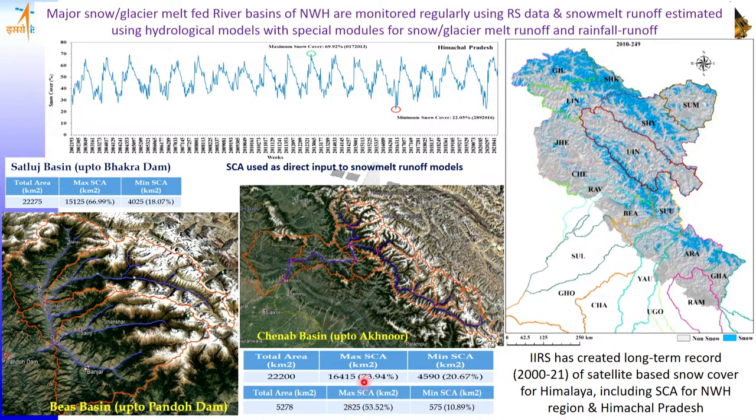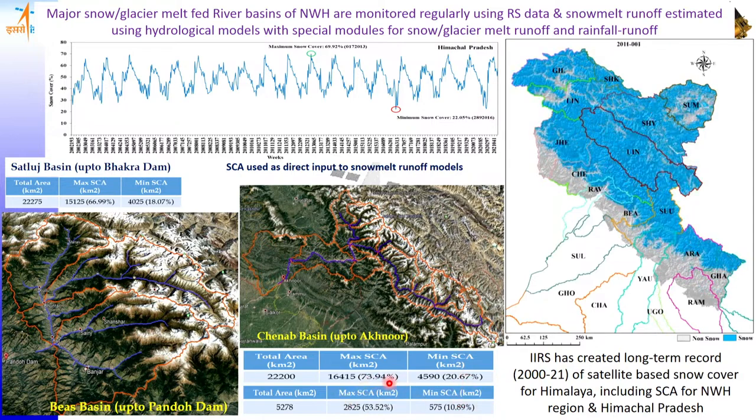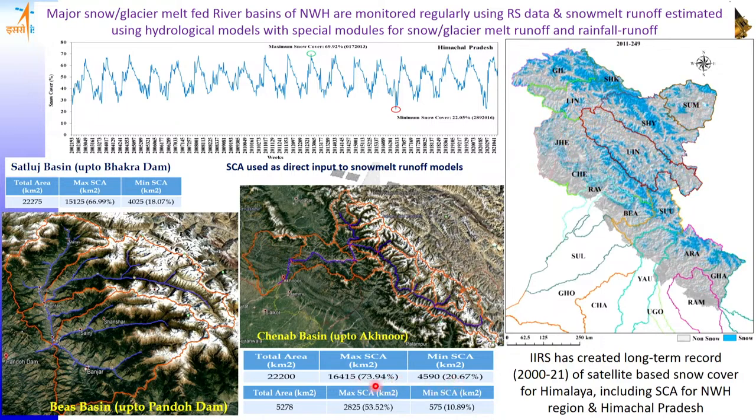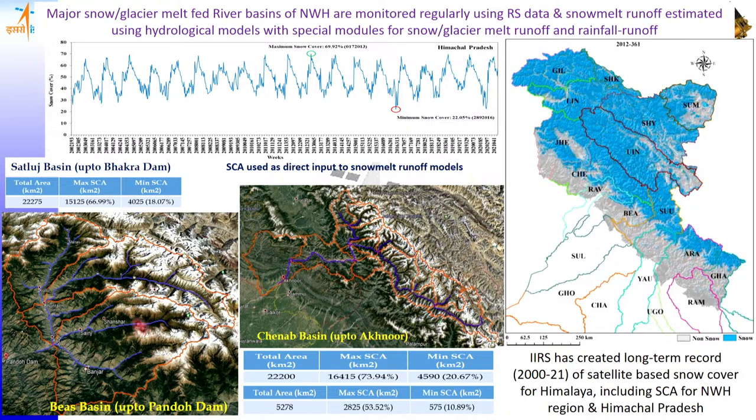For example, here what you see, Chenab basin having a very high percentage of minimum snow cover area and also high percentage of the maximum snow cover area. That means it has a much higher contribution of snow melt and glacier melt as compared to the Beas basin or the Ganga basin.